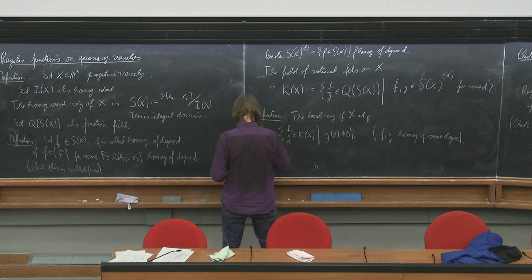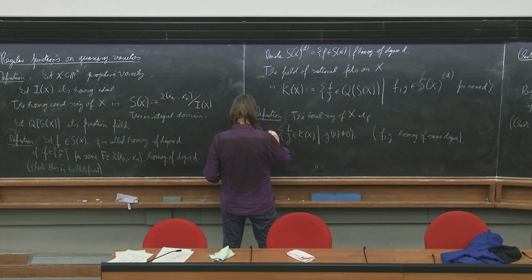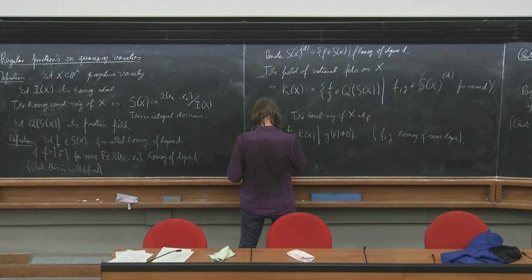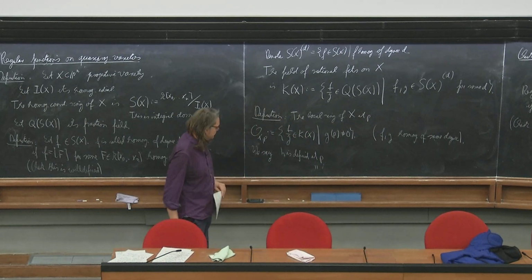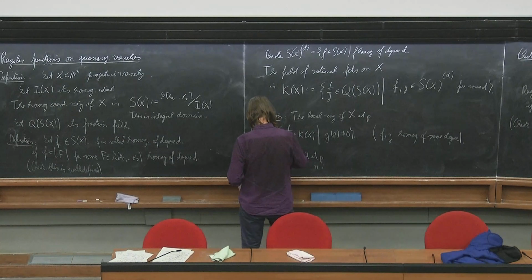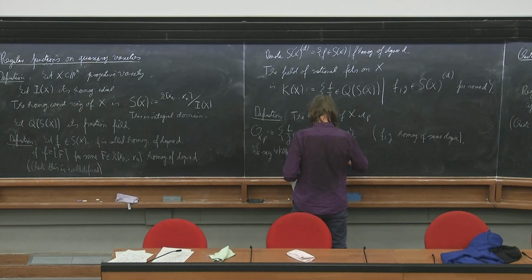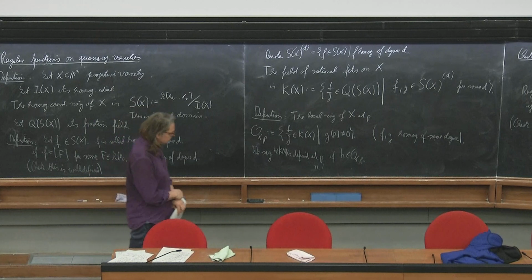We say, in this case, so this was O_{X,P}, and we say that H in K(X) is defined at P if H is in the local ring of X at P. So that means we can write it as f divided by g, f and g homogeneous of the same degree, with g(P) different from 0.